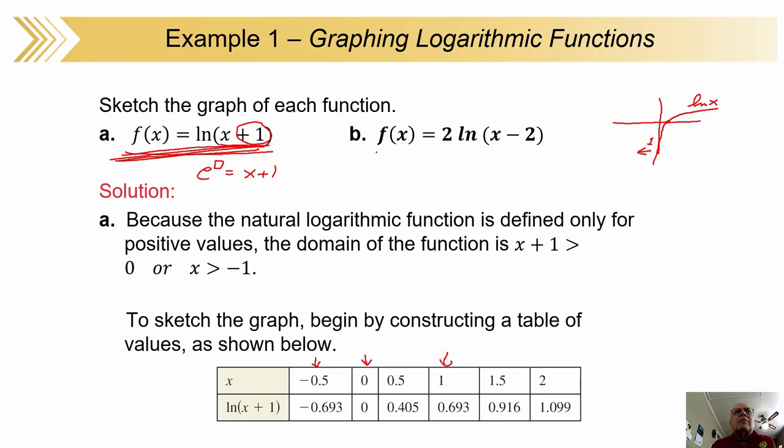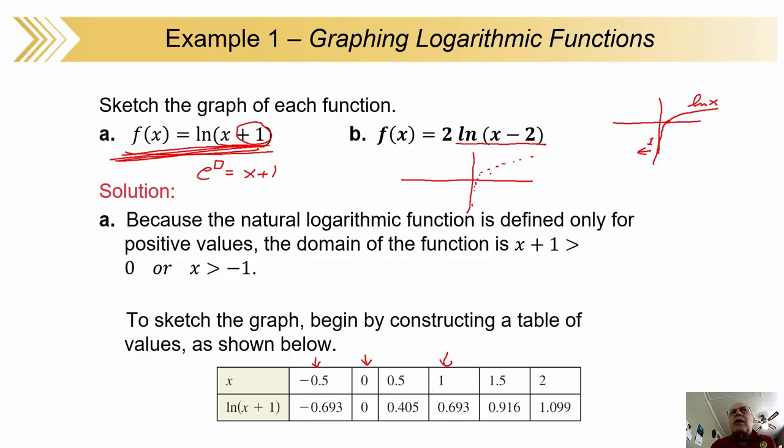On the second one, again, graph a bunch of points, get a feel for it. What's it going to look like in general? Well, if we look at this part right here, we could start with our basic natural logarithmic function. Looks like this.